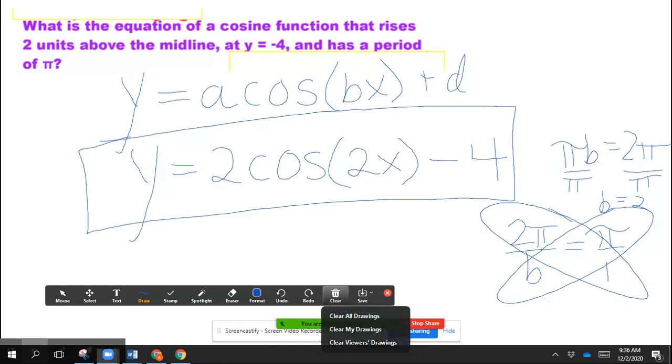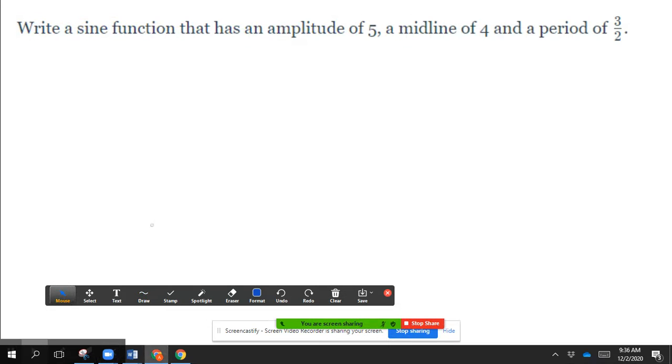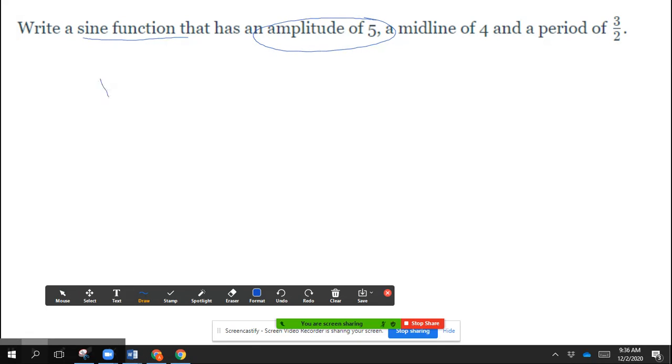Okay, next slide. Write a sine function that has an amplitude of 5, a midline of 4, and a period of 3 over 2. Okay, so amplitude we know goes in front. It's a sine function. So I'm going to start y equals 5 sine. Okay, I know my midline is 4, so I'm just going to do plus 4 at the end.